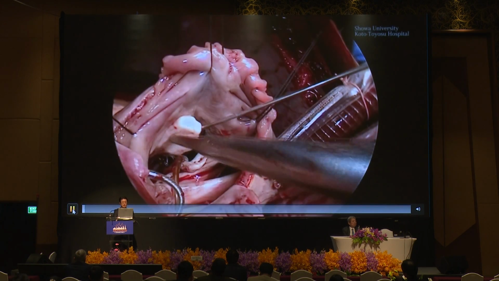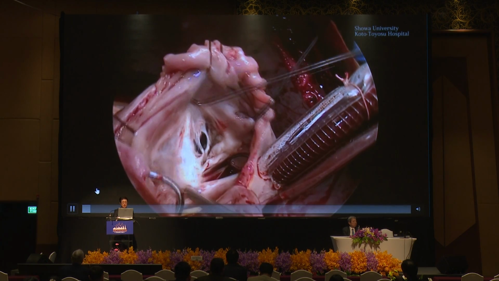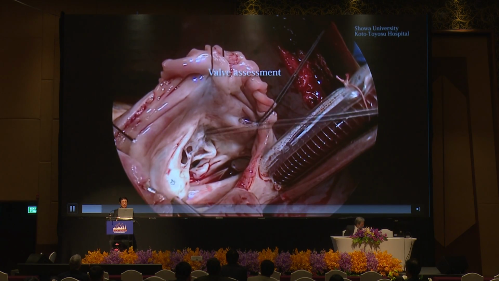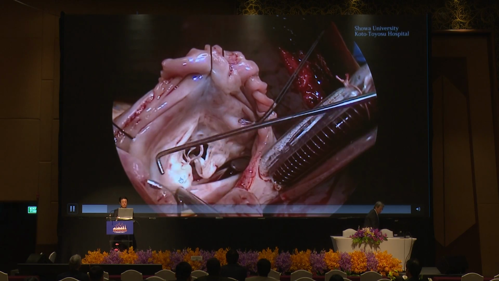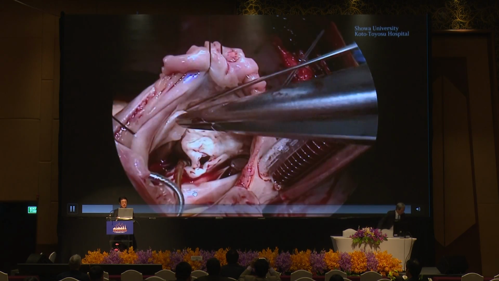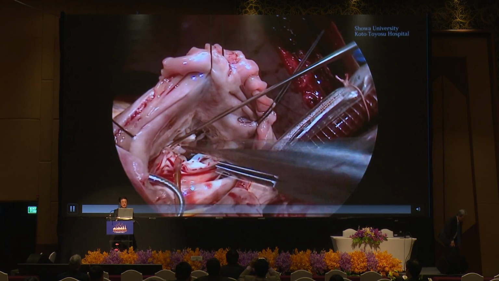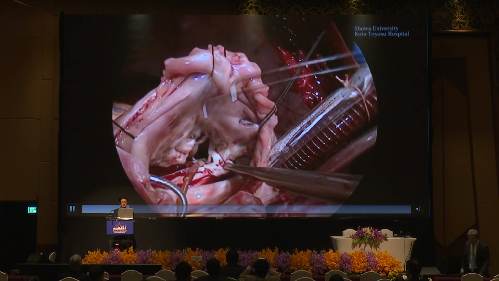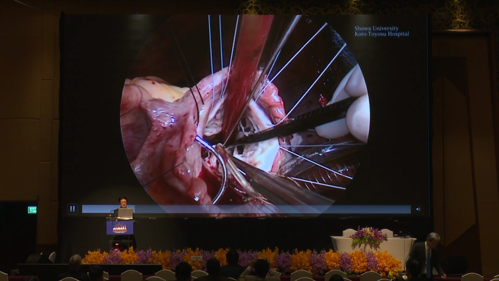The typical case which causes the type 3A mechanism is pacemaker lead induced. The pacemaker lead is commonly attached to the septal leaflet, which restricts the movement of the septal leaflet.